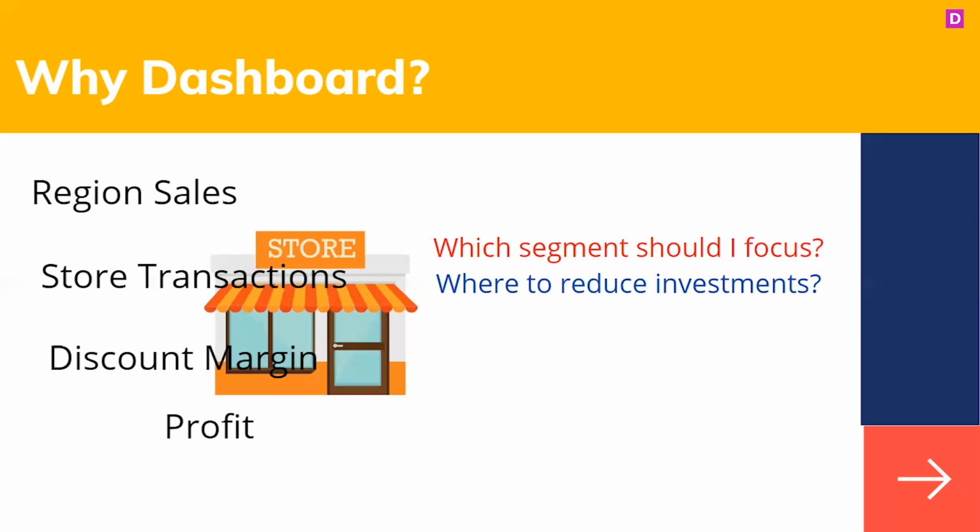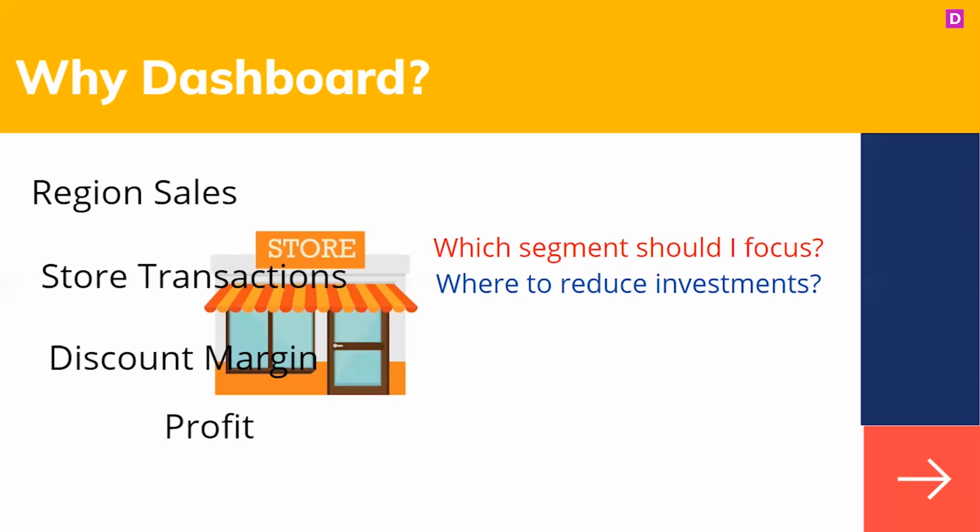To get an idea about that, I need to know the store transactions data as well, and I can identify it maybe with a visualization of category and sales. I also need to concentrate on the discount margin: for which product what discount I need to give, and how the profit is happening, whether my business is profitable or not.